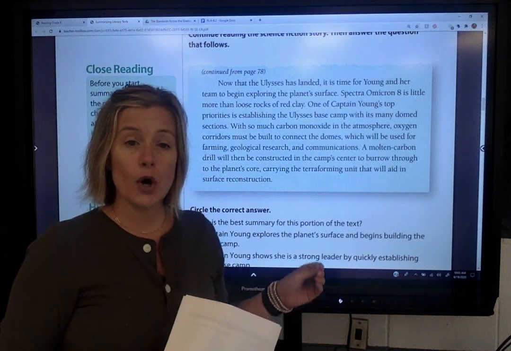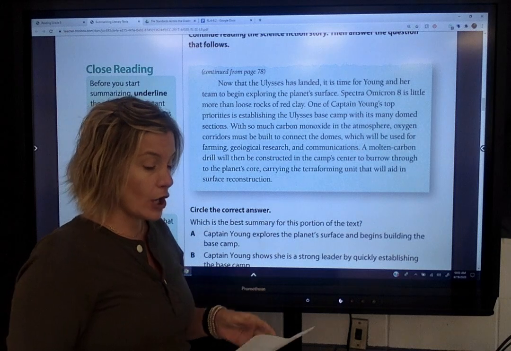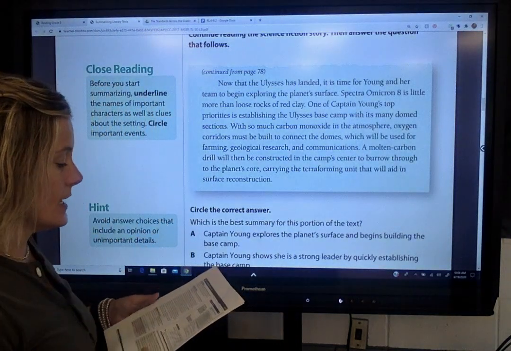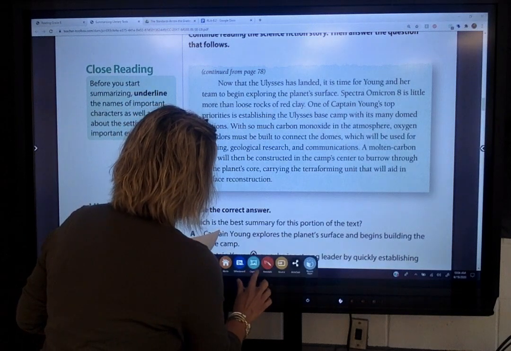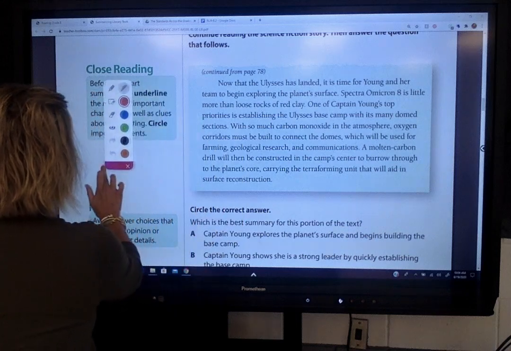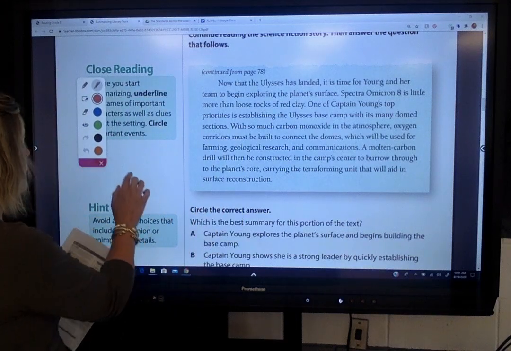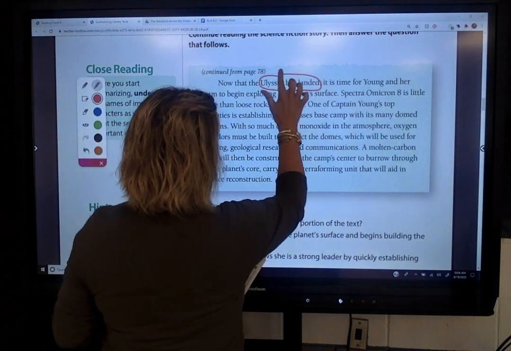So here in this part, we see that they have landed, and now they're going to begin work. But let's go back and let's circle and underline some important things that will help us recognize the summary. So, one important event is that the Ulysses has landed.